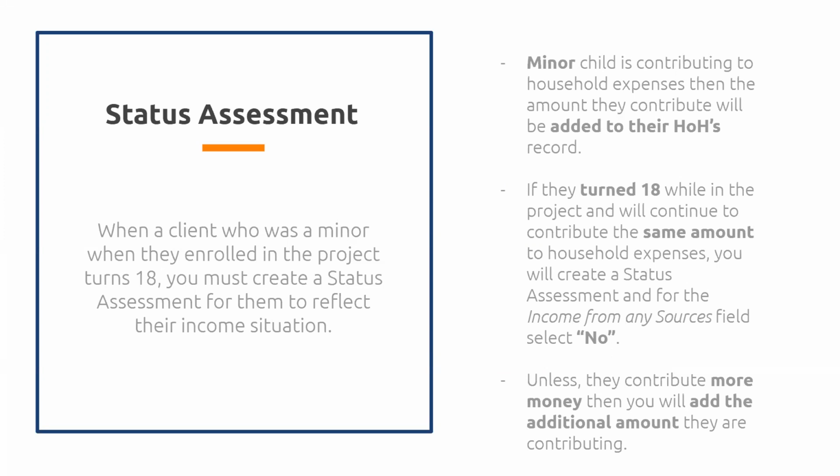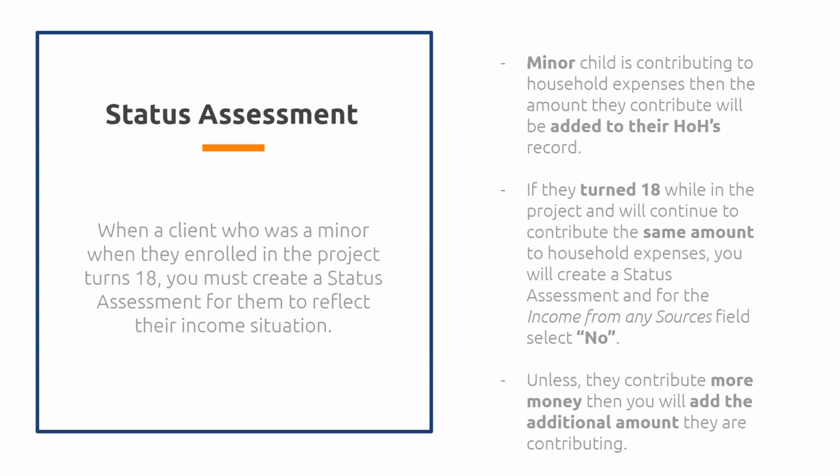If a minor child is contributing to household expenses, then the amount that they contributed will be added to the head of household's record. But when they turn 18 and they continue to contribute the same amounts, you will create a status assessment.